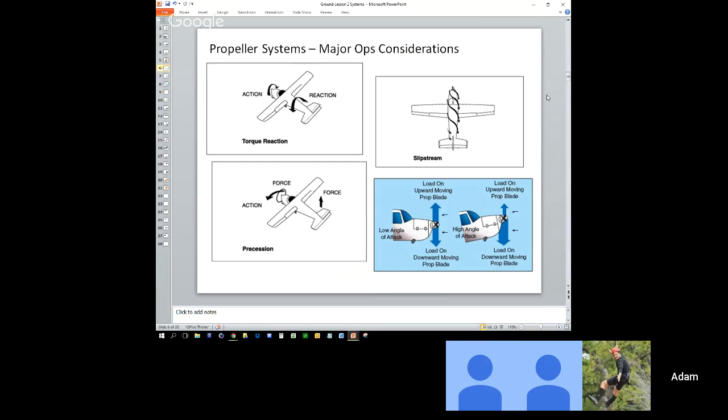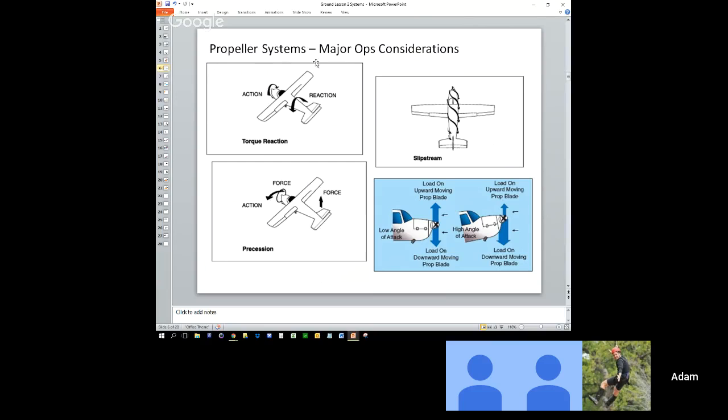There's four in particular, one of which on the bottom right is the most pronounced. The prop causes four phenomena: torque, slipstream, precession, and what's called P factor. I didn't label it, I apologize, but on the bottom right here, this is called P factor.